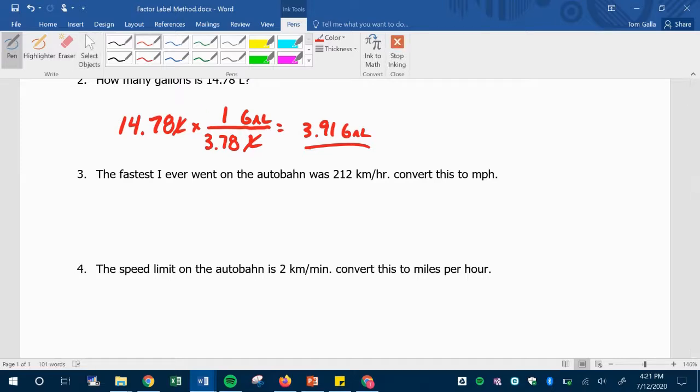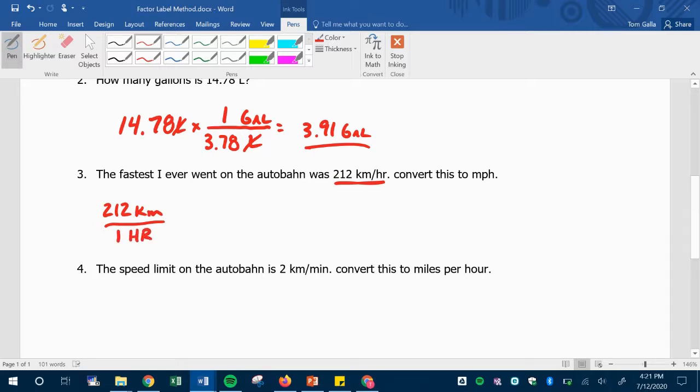Now, one of the big things here is that as we're writing this, notice our 212 is written as kilometers per hour. And so that means as we're starting to write our first number here, it's going to be 212 kilometers over 1 hour.